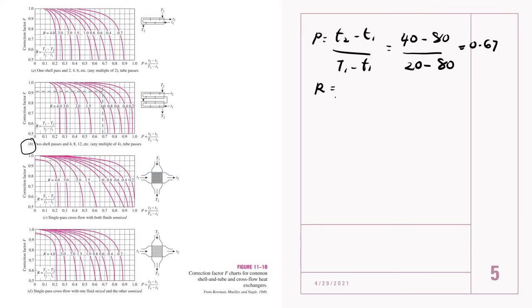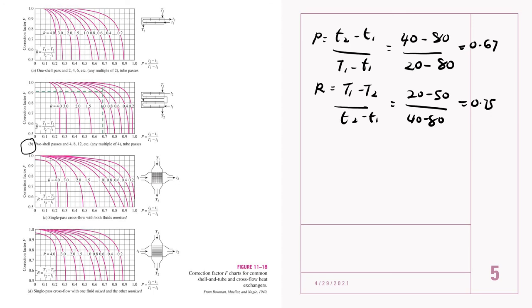And for R, we get T1 minus T2 over t2 minus t1. This one is the cold fluid difference over the hot fluid difference. We get 0.75. Here I already drew the line.